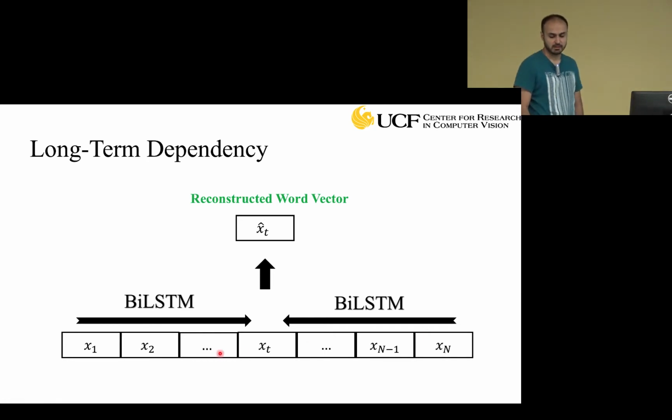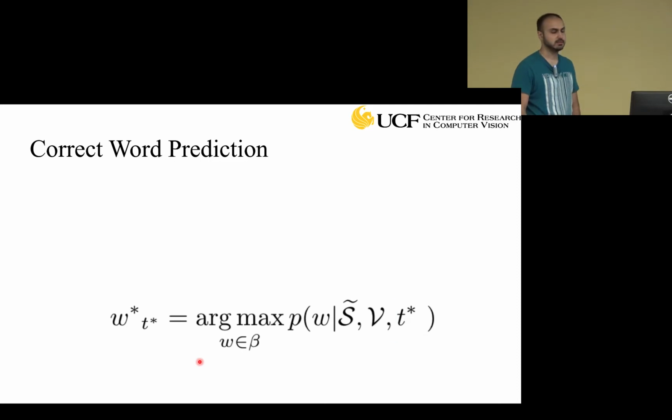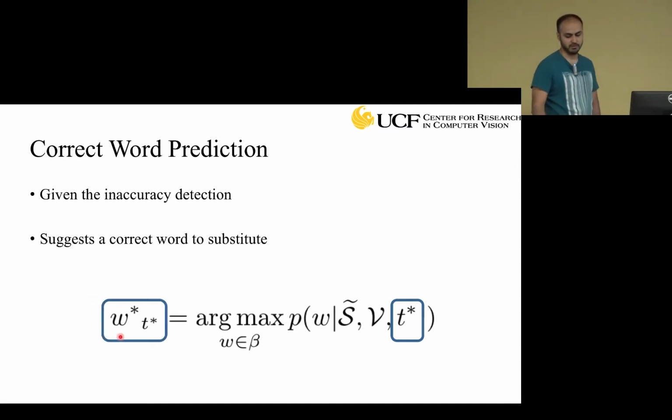Given the inaccuracy detection t star, our correct word prediction module suggests a correct word from the dictionary. If our dictionary is called beta, it is basically a classifier over all the words in the dictionary.